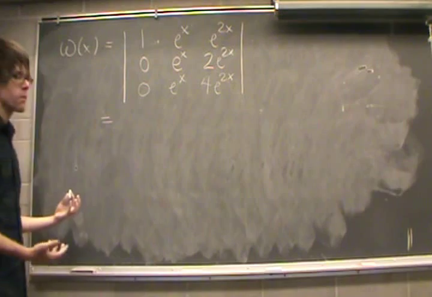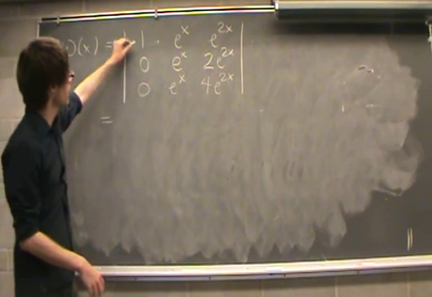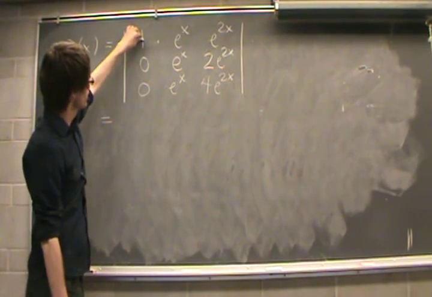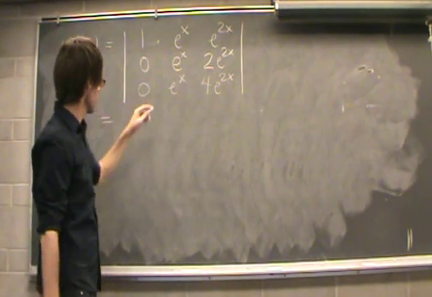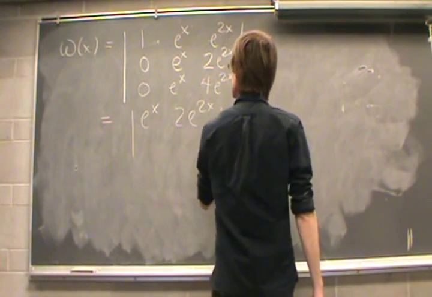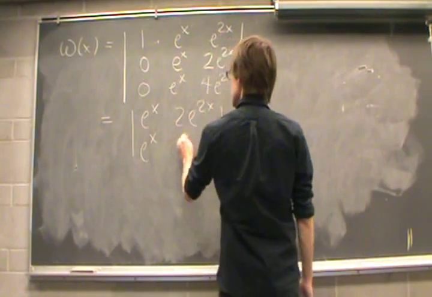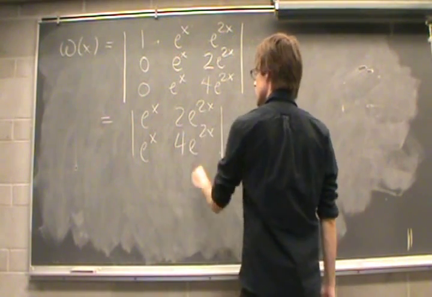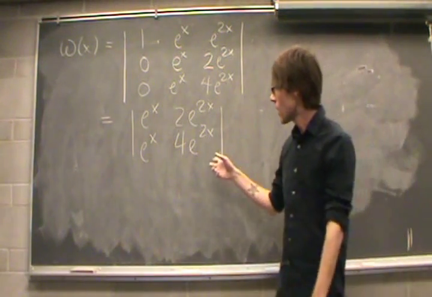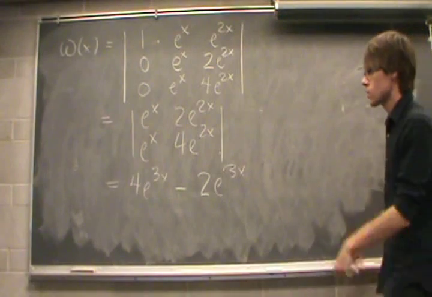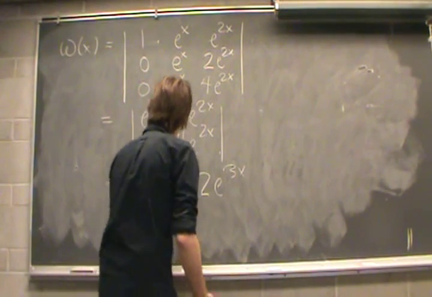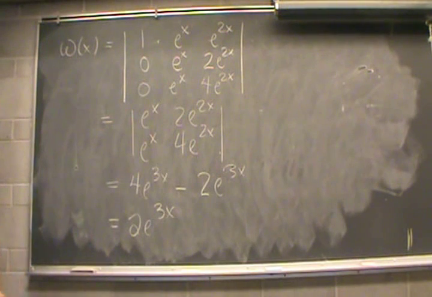You can do this fairly quickly by cofactor expansion down column number 1. We get 1 times the corresponding minor, which is e to the x, 2e to the 2x, e to the x, and 4e to the 2x. Then we just use the weave method on this little 2 by 2. The final answer that we get is 2e to the power of 3x.